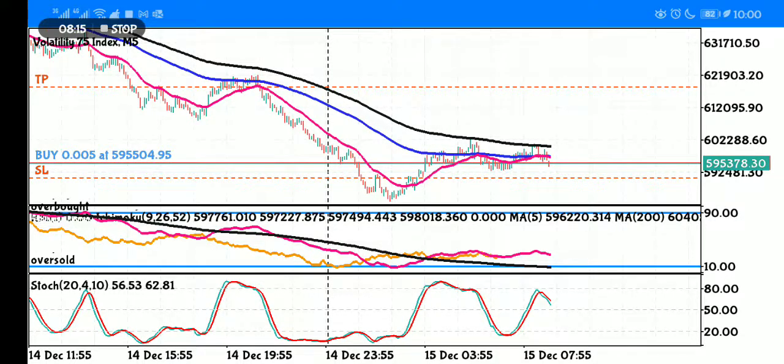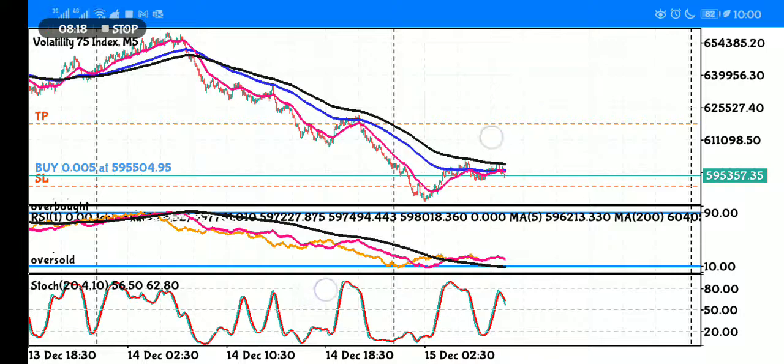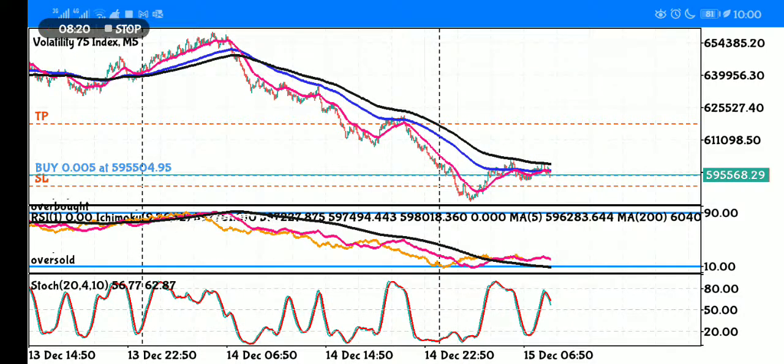I think what is really important is you waiting for the Ichimoku and the 5 moving average to cross above the 200 on this Endpoint Ichimoku indicator. Once it crosses, then you wait for a pullback.